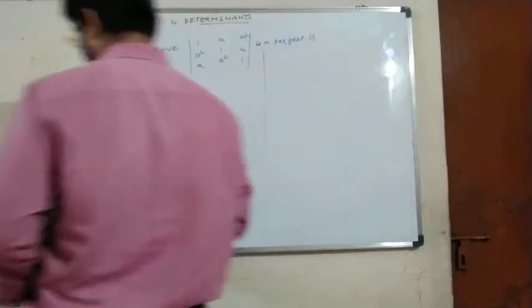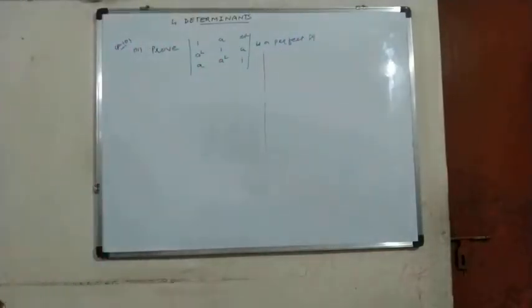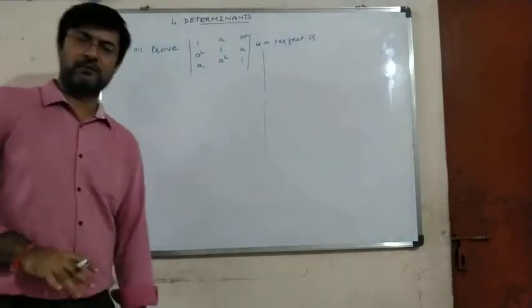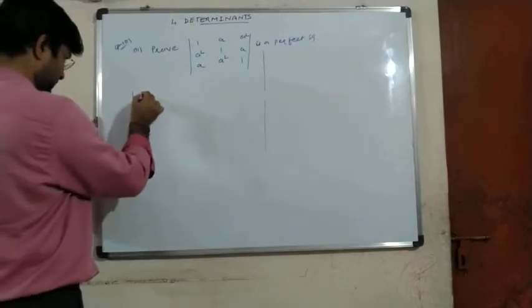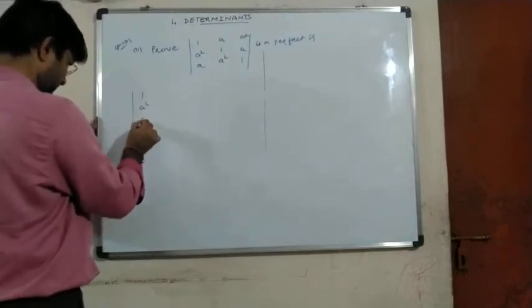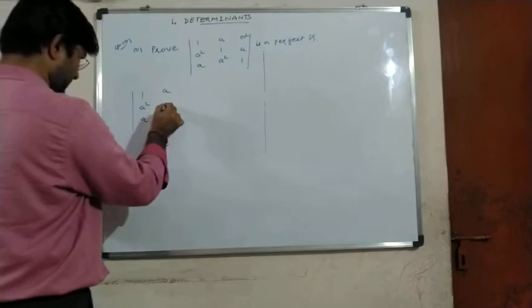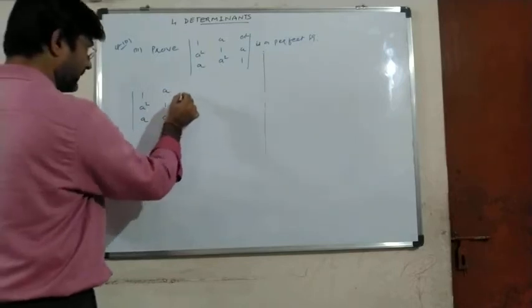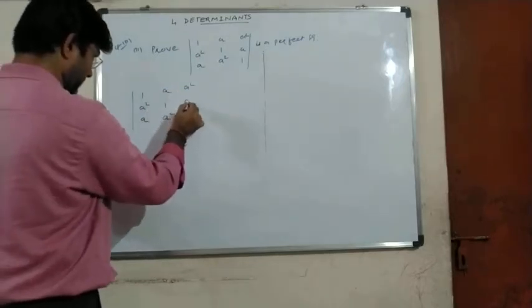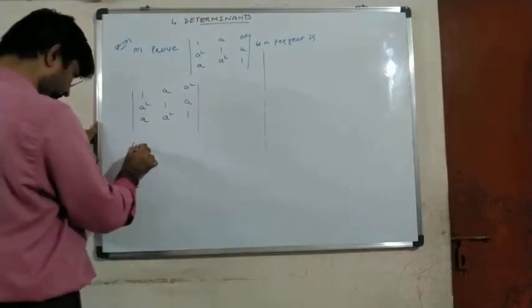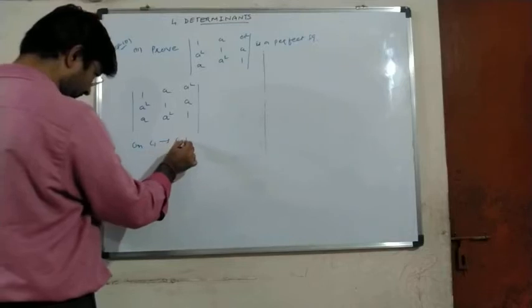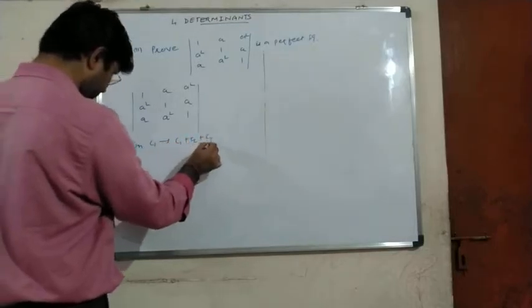Okay, so we will simplify and we will find the value of the determinant, which must be a perfect square value. So you are given the determinant 1 a square a, 1 a square a, 1. Okay, on C1 we will add C1 plus C2 plus C3.